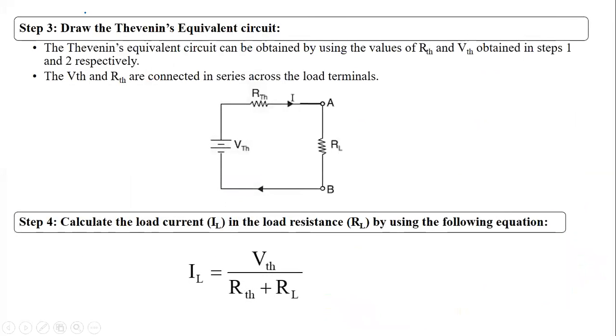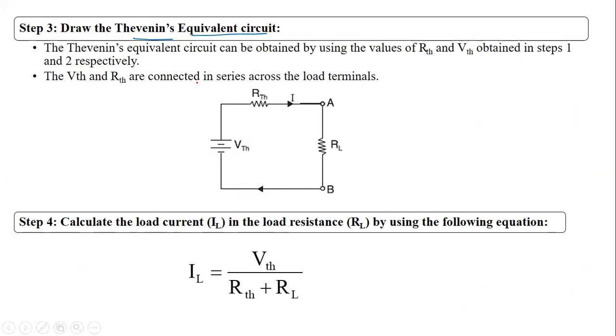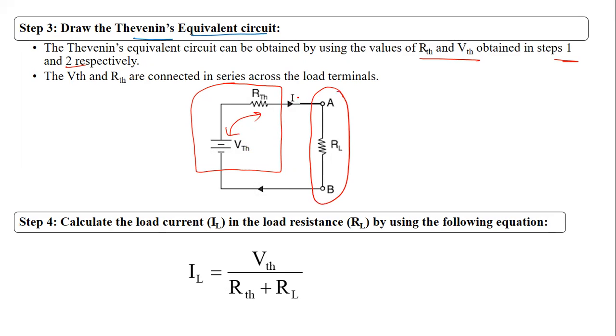Now, the third step is that we will draw the Thevenin's equivalent of the given circuit. Thevenin's equivalent is nothing but the two Thevenin's parameters that we obtained in step 1 and step 2. They will be used here and we will connect both these elements in series with one another and keep the load branch as it is.